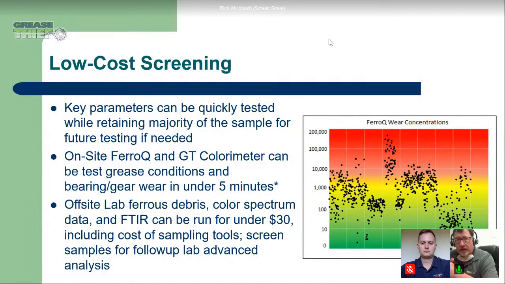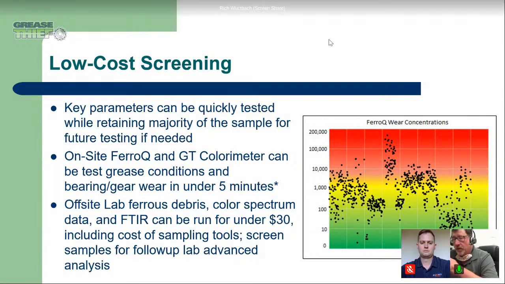And if you can carefully control the path length, it really goes to something called the Beer-Lambert law, where we can look and determine changes in the grease, things that get into the grease from a contamination standpoint, as well as the oxidation that results in a chemical change in the grease, and that can be linked to changes in its colorimetric spectral response.